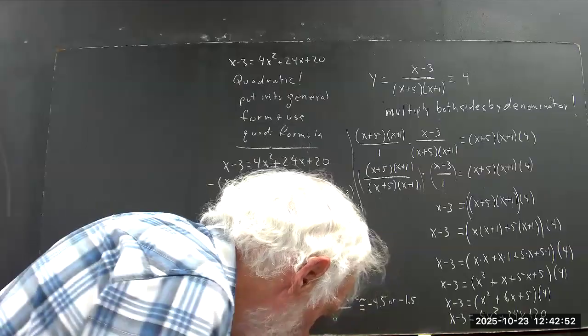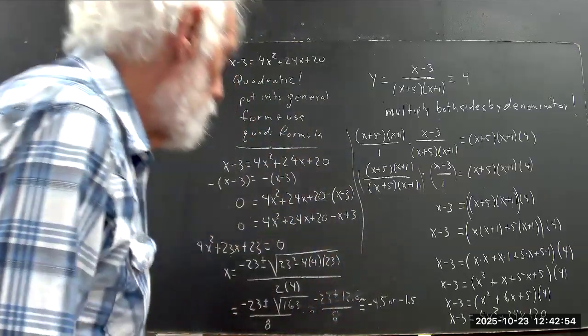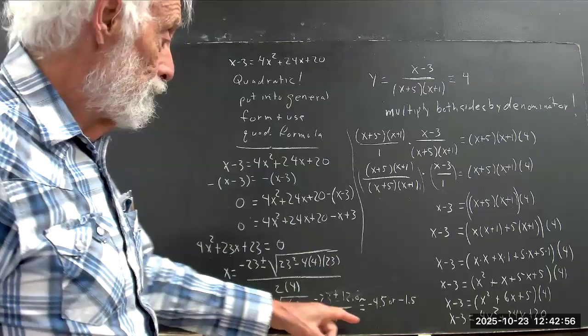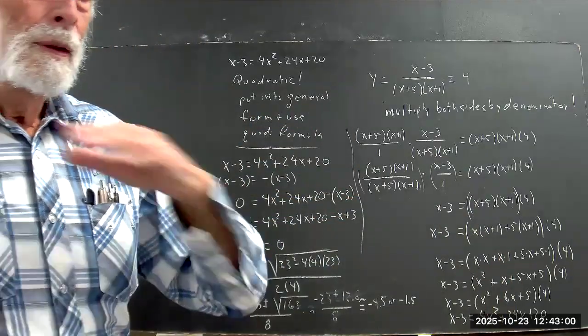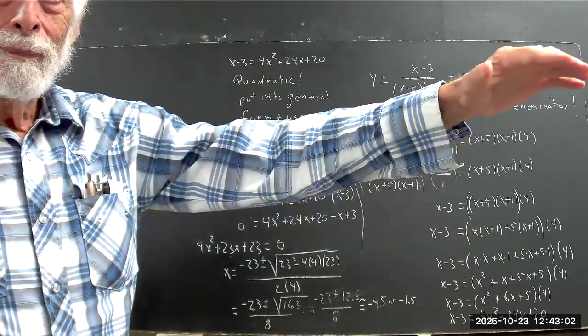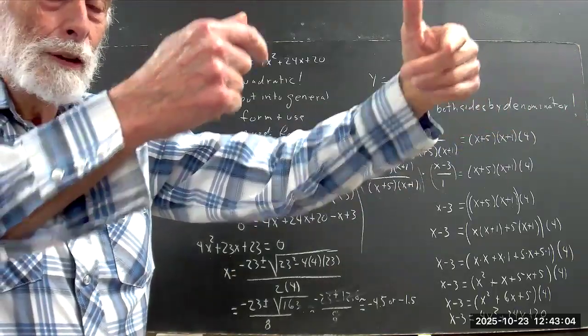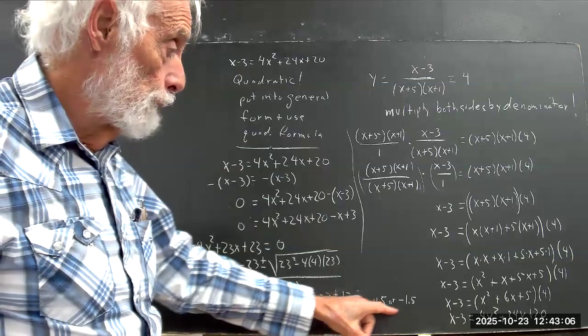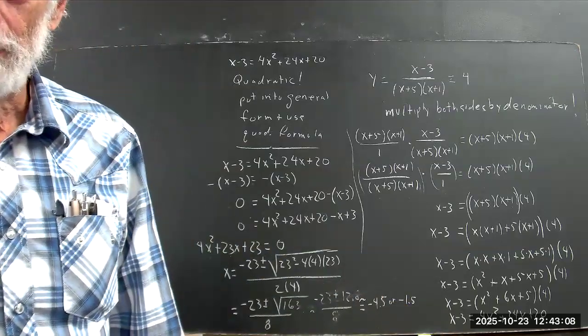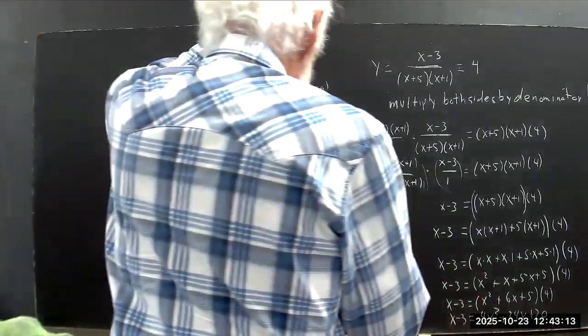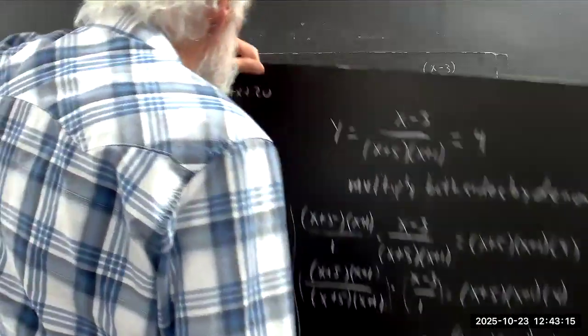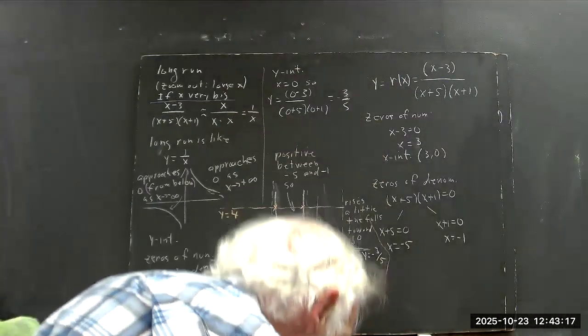Okay. So that's pretty neat. That means that the graph I constructed where y equals 4 should intersect the graph at points where x is negative 4.5 and negative 1.5, right? And that's a big point I'm trying to make.